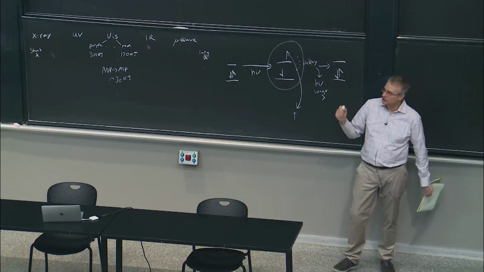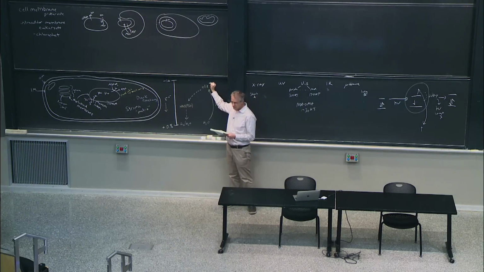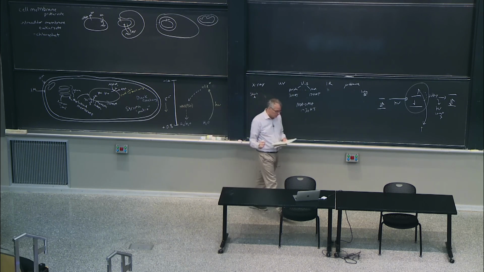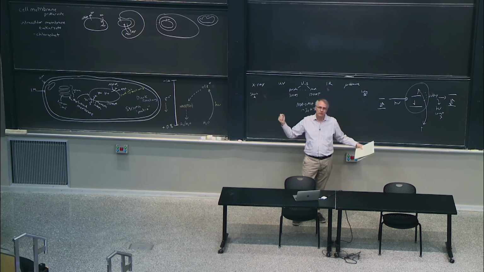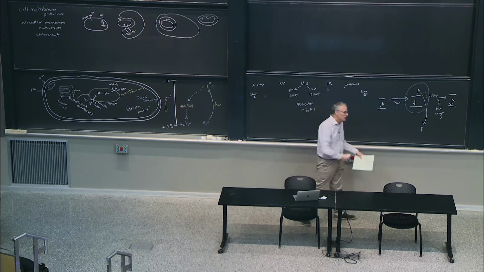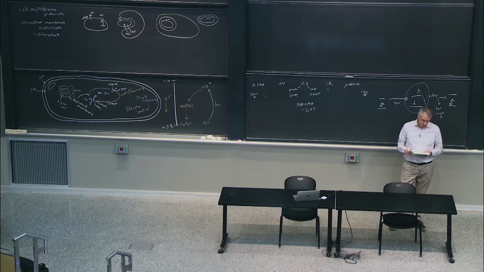That charge separation now provides an electron that can be favorably transferred to NADPH. The energy released in that favorable transfer can be coupled to make delta psi and delta pH, and then that transduces energy in exactly the same way we learned about for oxidative phosphorylation.